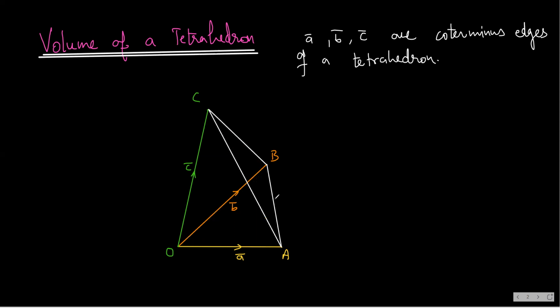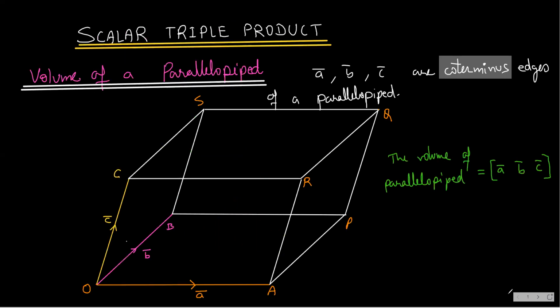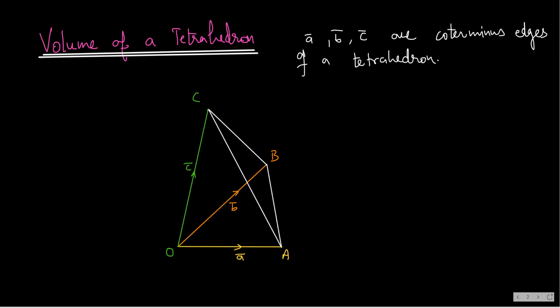Now, the volume of this, once again, this is a 3D object, 3D geometry. The volume of the tetrahedron is equal to the box product A bar, B bar, C bar, like it was for the parallelepiped.